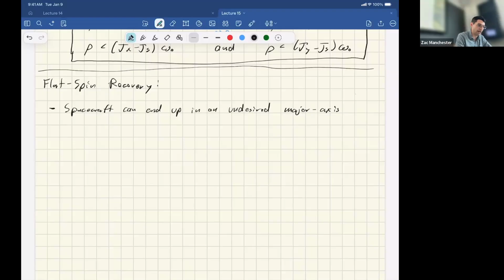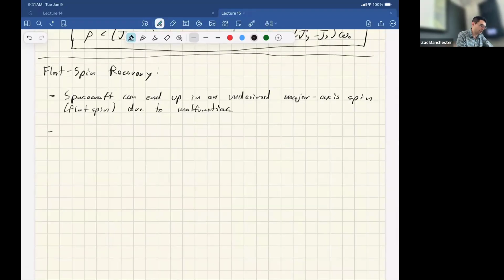If my controller fails or my actuator fails, this is where I'm going to end up. We need some kind of control strategy for recovering from that.